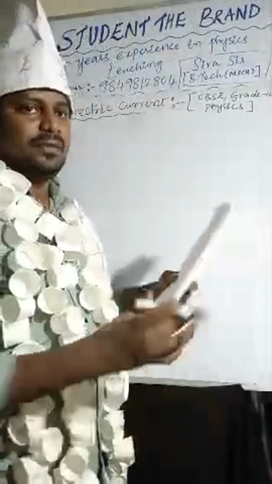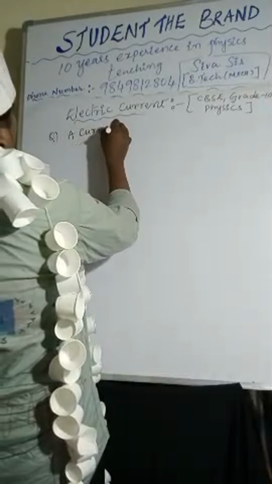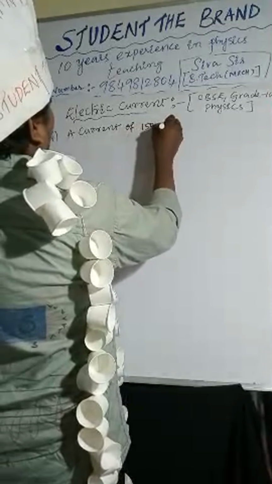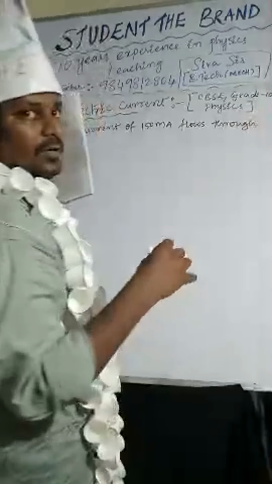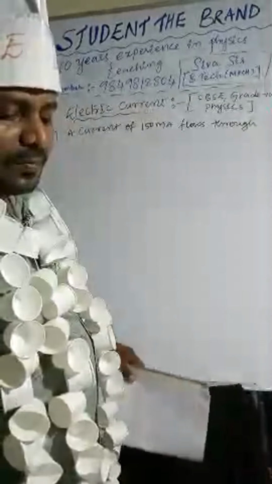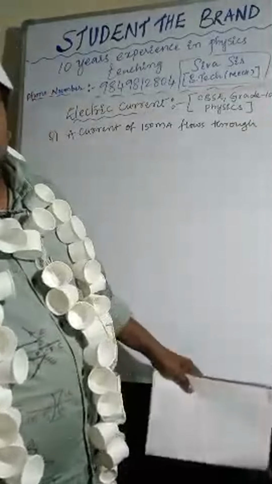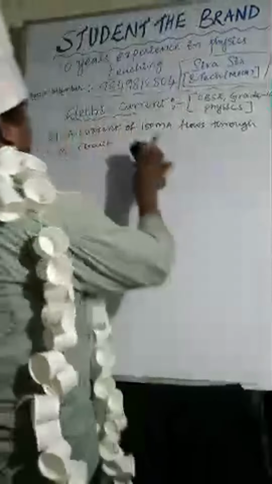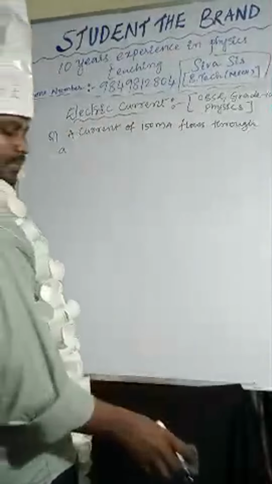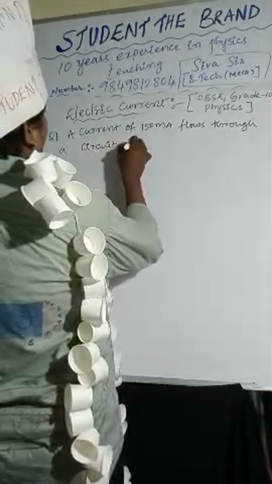Okay, so now we'll discuss this one. A current of 150 milliampere flows through a circuit for 2 minutes.